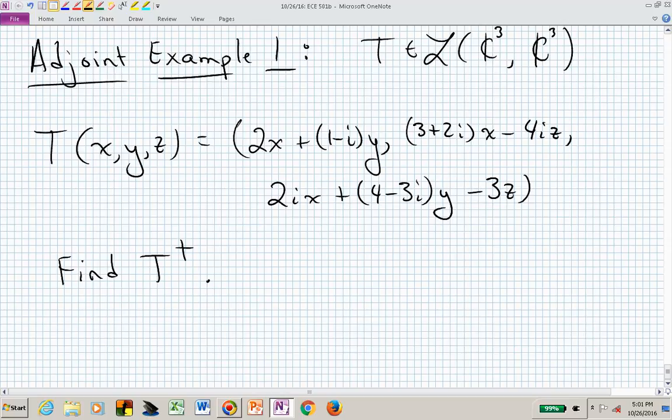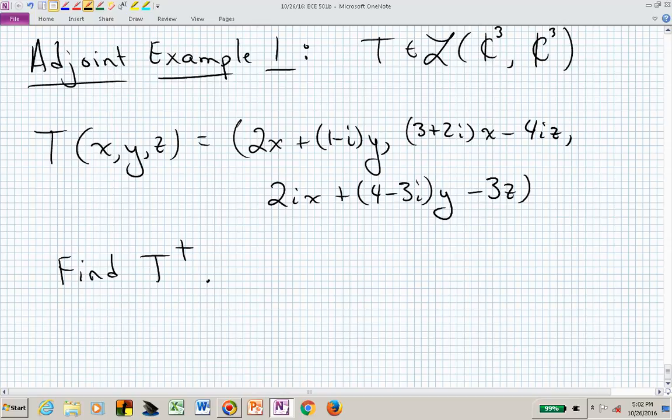Well, the way that we are going to do it is maybe cleaner than the first example we talked about today. We could take an inner product and try to find the effective three coordinates of T dagger. But we now know something about the matrix representation of a linear map and its adjoint.